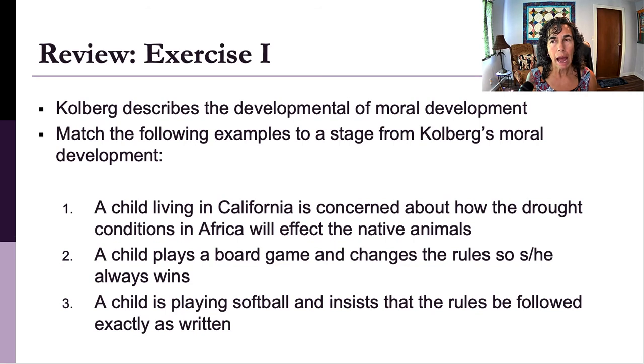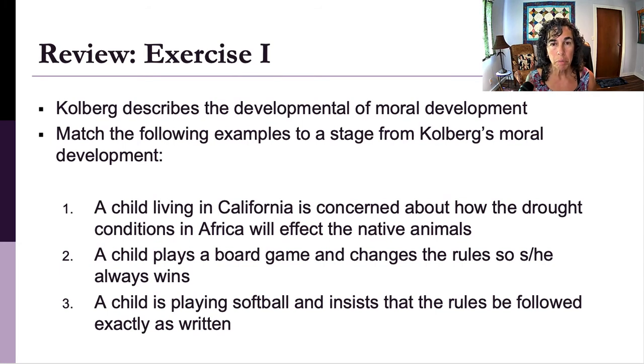Okay, so I have a couple exercises for you to help you review and make sense of these theorists. And the first one is about Kohlberg and thinking about which examples fit with which stages of Kohlberg's moral development.